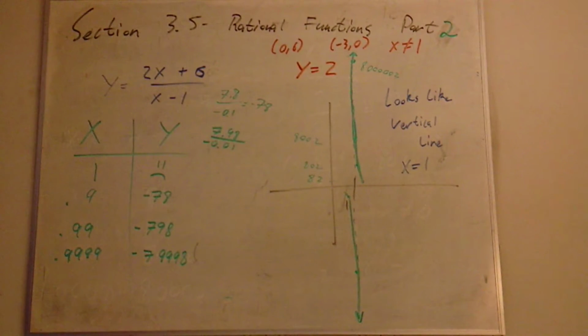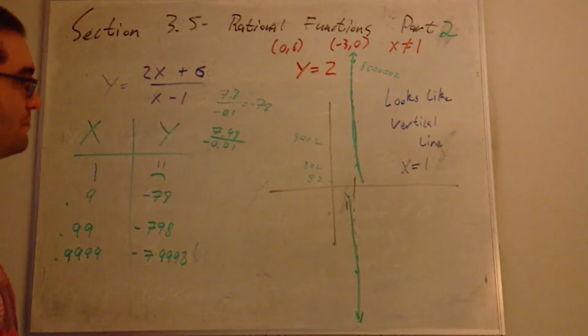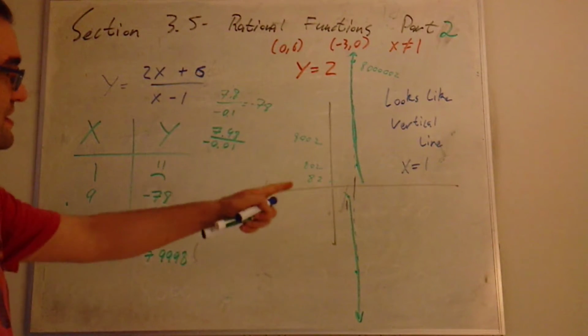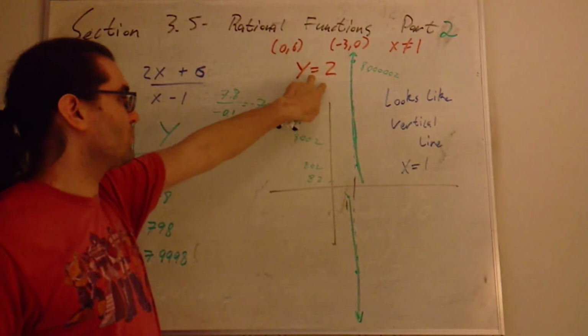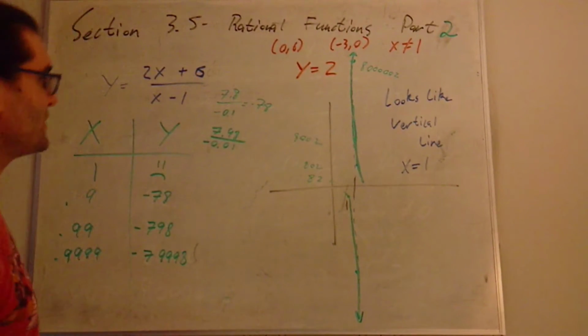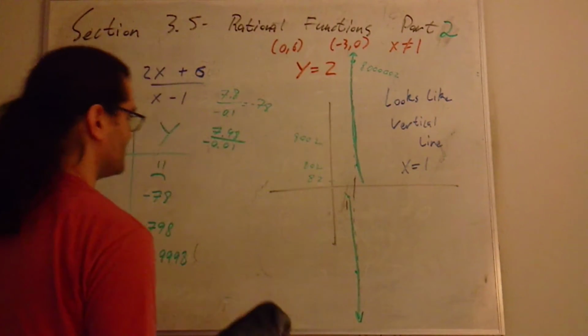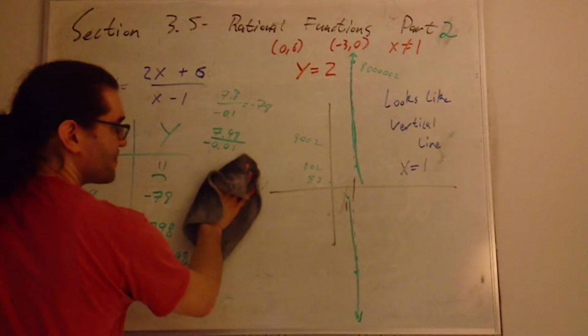And now it's time to introduce some new vocabulary, because we have this thing that looks like a vertical line, and we have this thing that looks like a horizontal line. So we need a special word for all these lines that this function looks like.